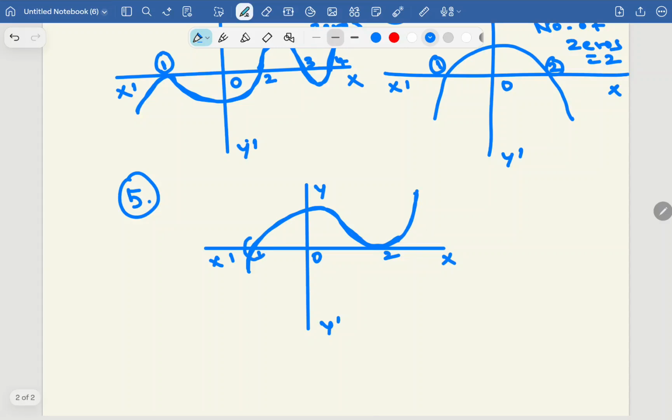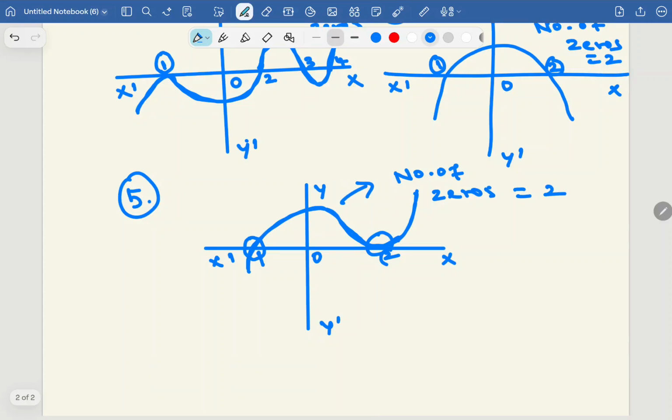Here it cuts the x-axis. Here the curve touches the x-axis. This is point 1. This is point 2. For this curve, the number of zeros we can easily say is 2.